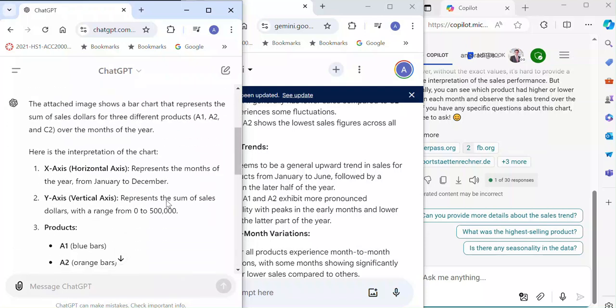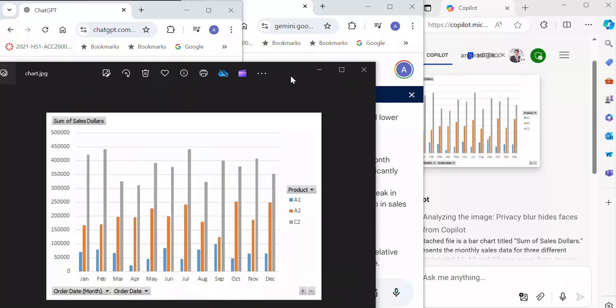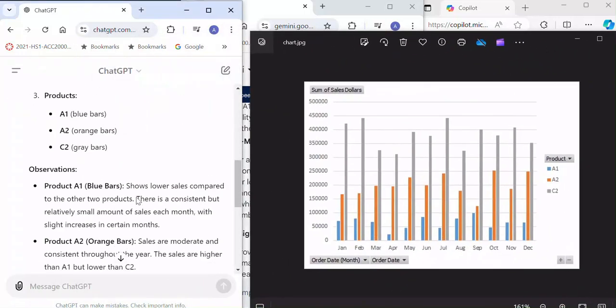There's some good general information. We see that it has identified each axis, and let's compare the graph here too.